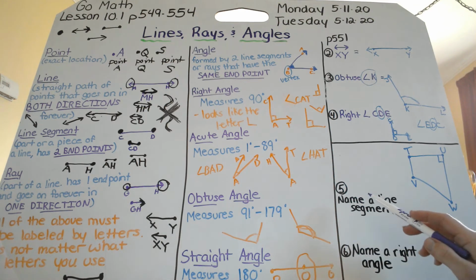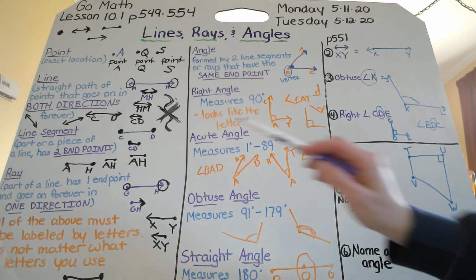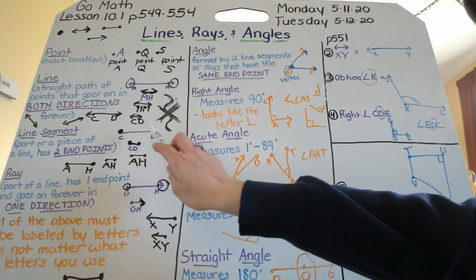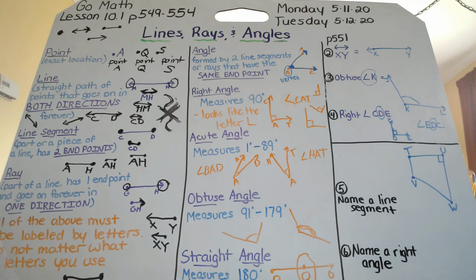So it wants us to name a line segment. We know a line segment has 2 points, and it's a piece of a line. So does anybody see anything on here that has 2 end points that could be a line segment? Shout them out at me.